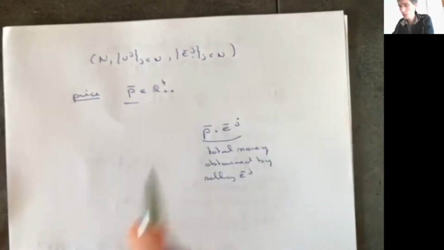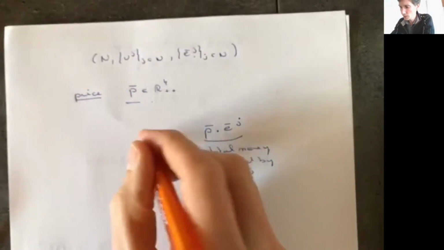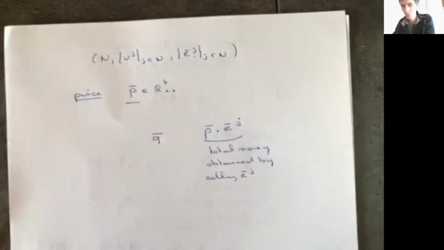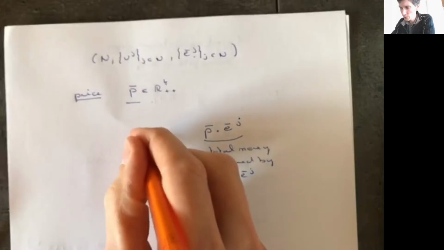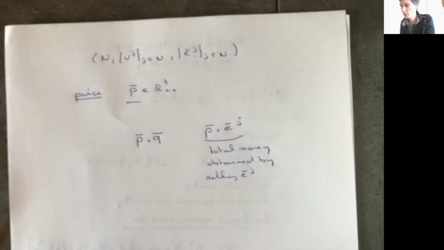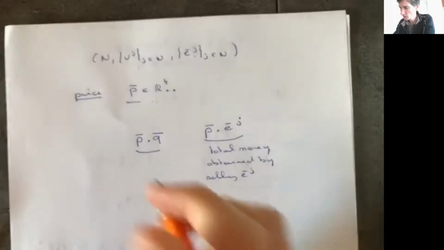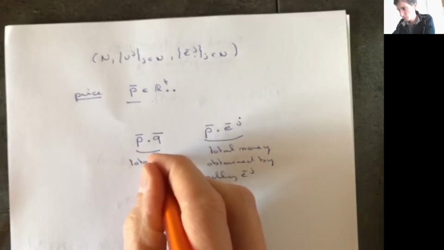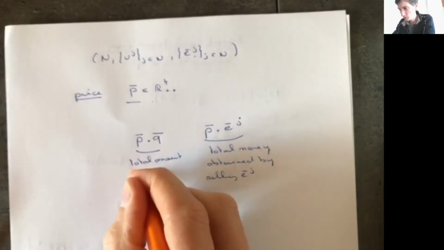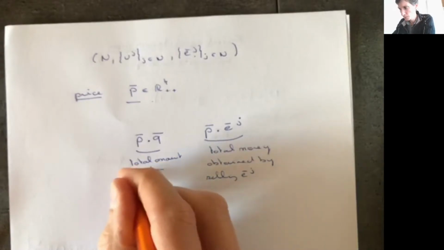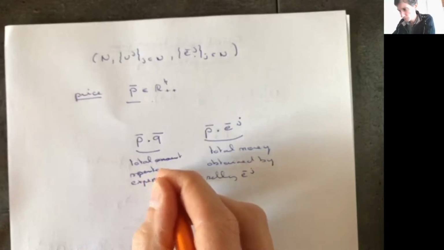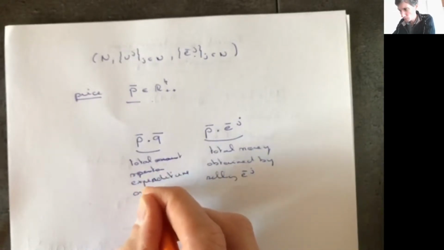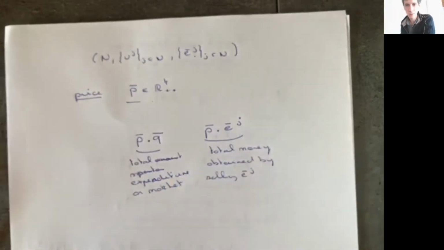And then, of course, the consumer wants to buy something to consume. Let's call this the bundle Q, as we always do. In order to buy this bundle Q, it has to pay the price P times Q. So this is the total amount that the consumer spends on the market, the total expenditure on the market.